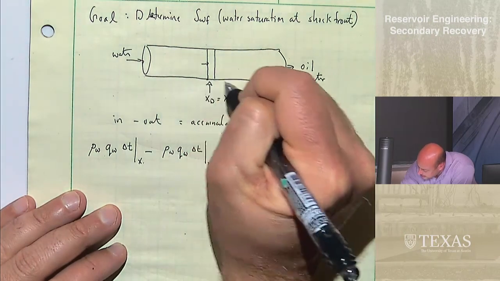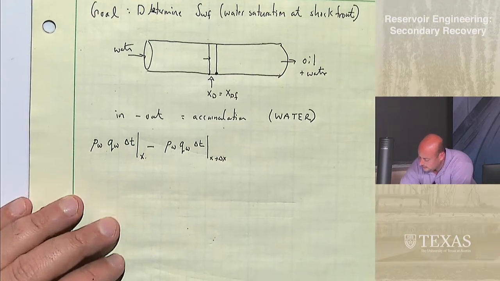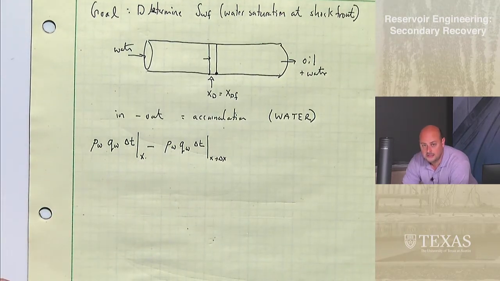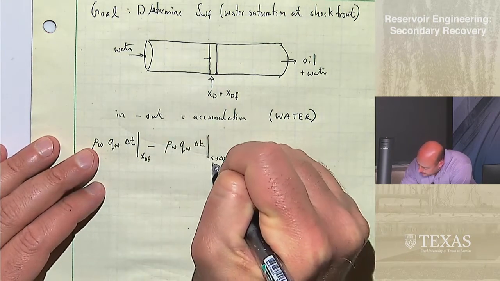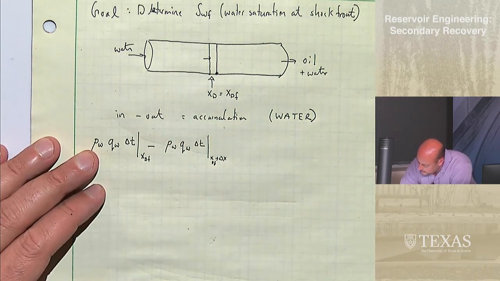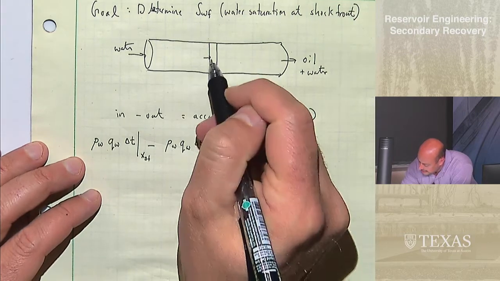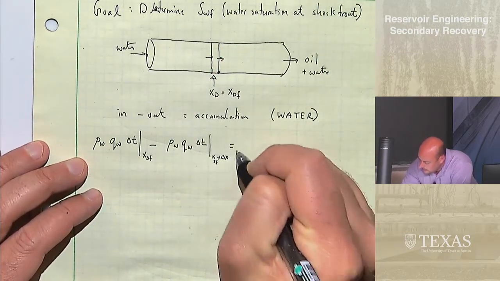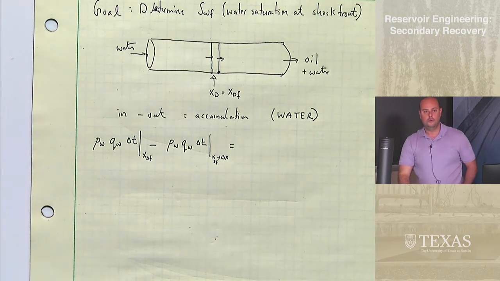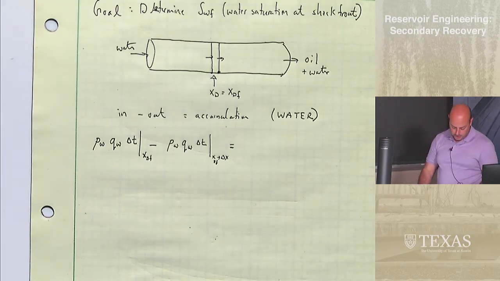Okay, so this is X and this is X plus delta X, or I could say XDF and XDF plus delta X. So this is what goes in, this is what goes out. And then there's some accumulation of water, so the amount of water in there might change with time.